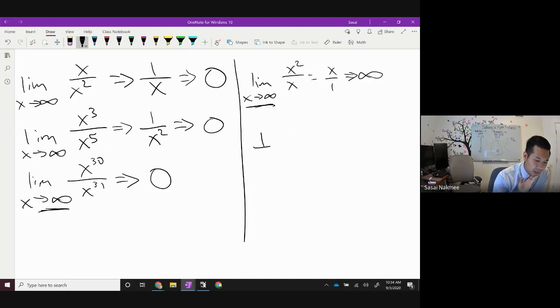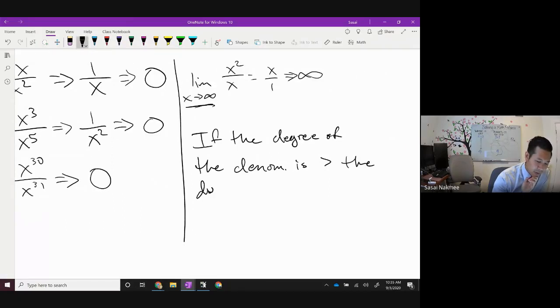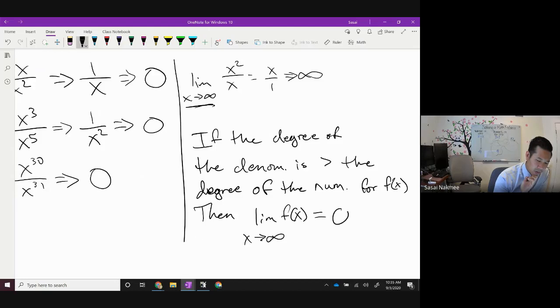If the degree of the denominator is greater than the degree of the numerator for f of x, I hope you then realize the limit as x goes towards infinity of f of x is going to approach 0. And it's a nice little technique that helps us out here.